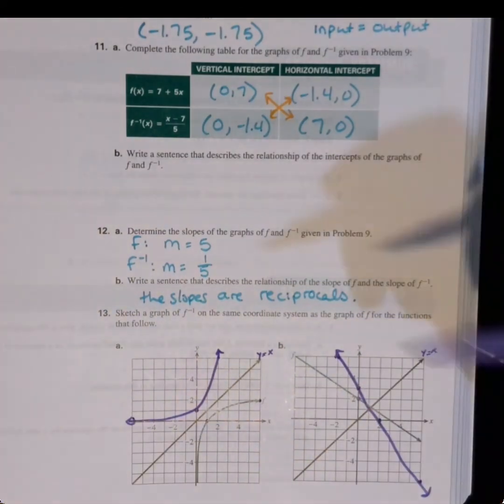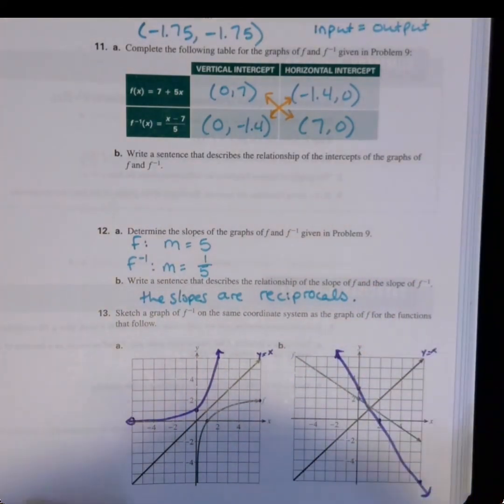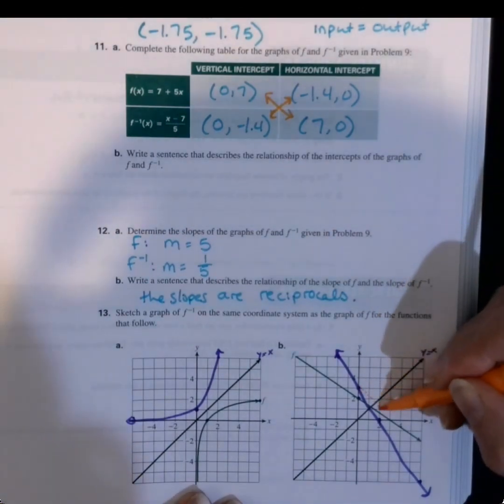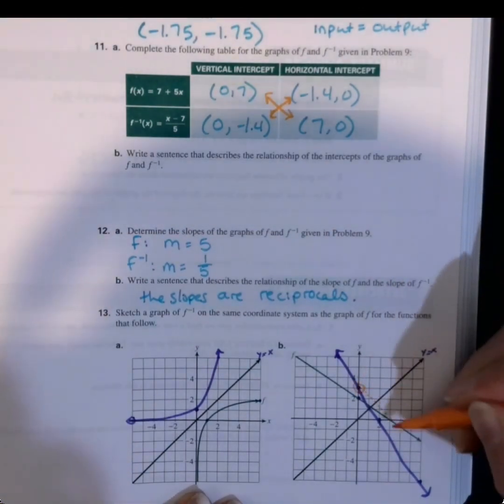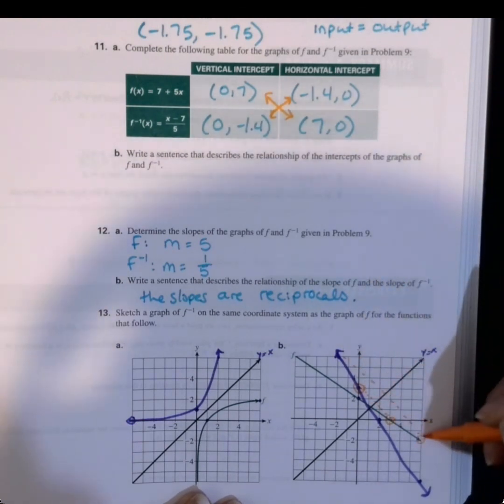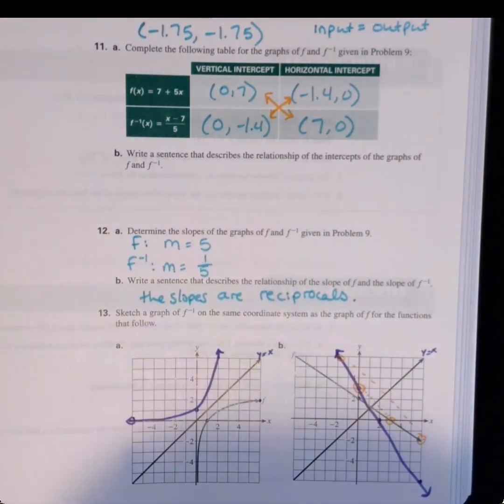And we should be able to see symmetry. When I see symmetry, I see that these points are symmetric. They're equally spaced. And I can see that these points are symmetric. They're equally spaced. That's what I'm seeing with the symmetry here.